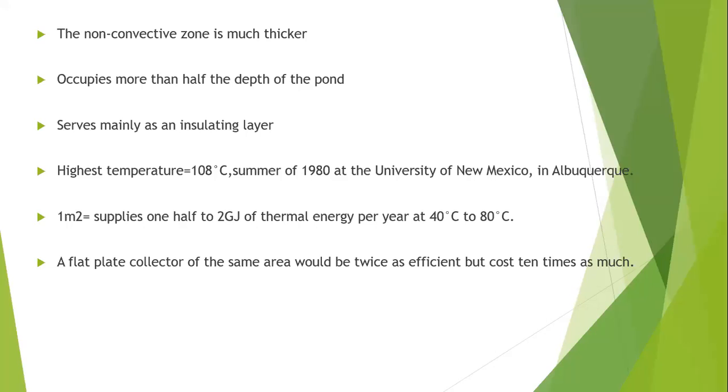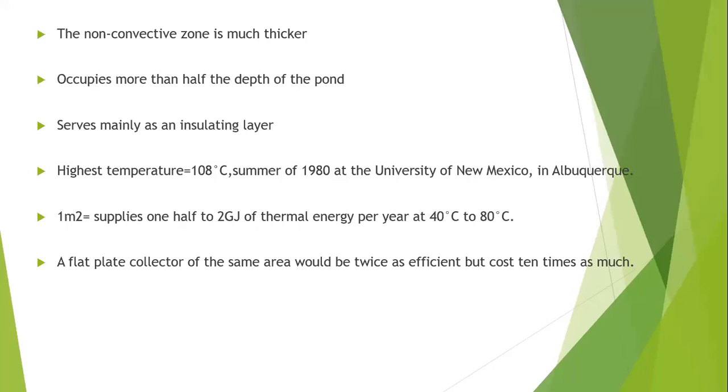The second layer, the non-convective zone, is much thicker. Compared to the others, it occupies more than half the depth of the pond. Half the pond is the non-convective zone, and of the remaining half, a quarter is the upper zone and a quarter is the storage zone.